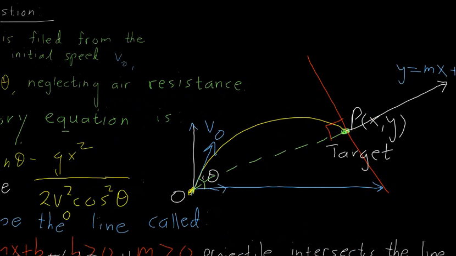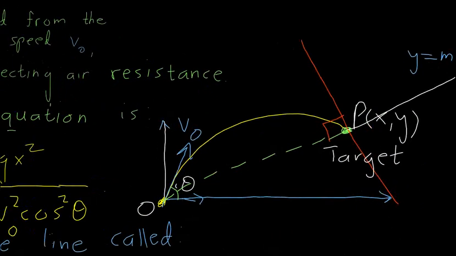Now, at the impact point, I will zoom in on my drawing here. My impact point, I called it point P. You can call it whatever you want. At the impact point, the projectile curve and the line meet. But because the impact is completely orthogonal, the projectile is not just touching or crossing randomly.